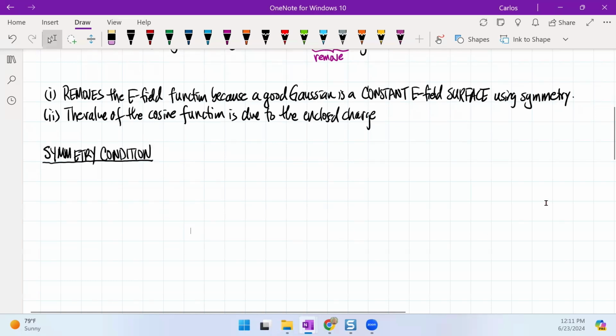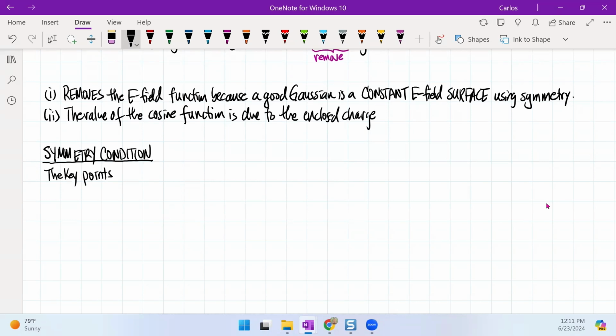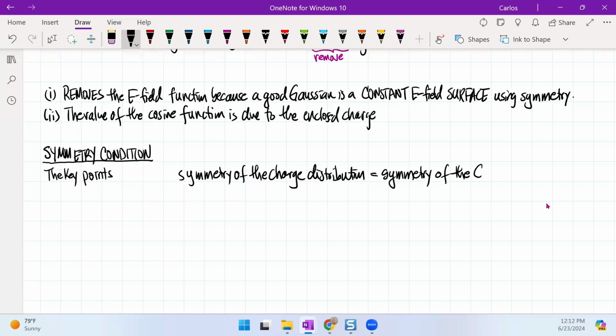And when we look at these three surfaces, the key point is that the symmetry of the charge distribution is equal to the symmetry of the Gaussian.